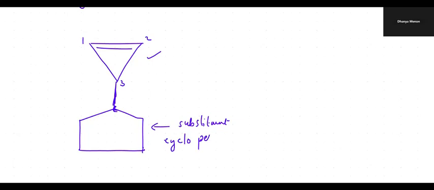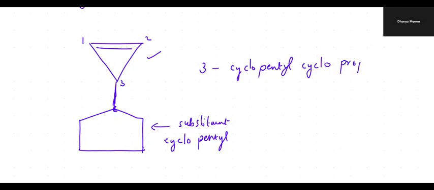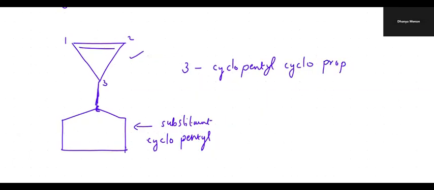At what position is the cyclopentyl group? Third position, 3-cyclopentyl. So this is our substituent. Our root word is cycloprop. At what position is the double bond? 1-ene. Okay, I hope I'm clear here. Okay, now the same question.